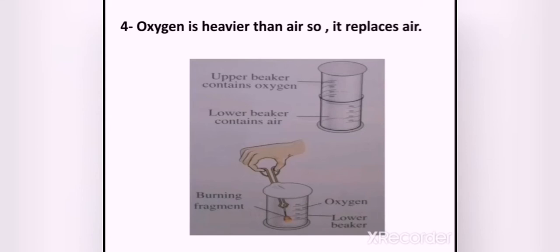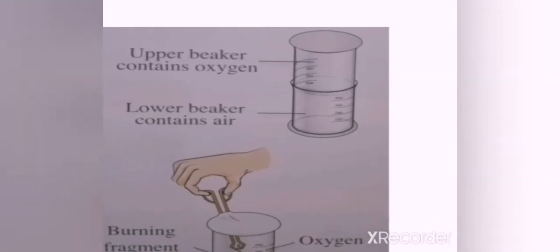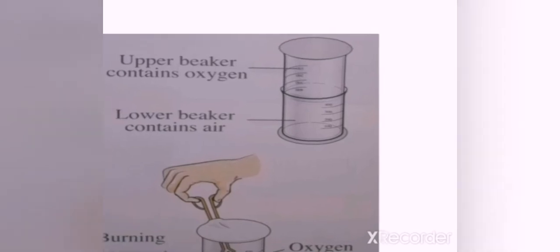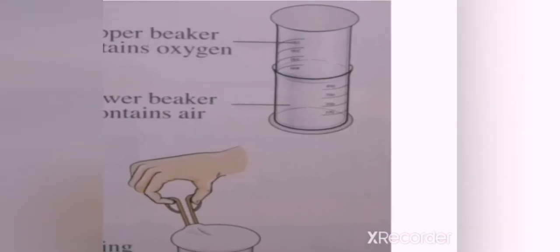If you have two beakers, one filled with oxygen and another filled with air, then turn the beaker filled with oxygen over the container that contains air. Then insert a burning match in the upper beaker, then in the lower beaker.